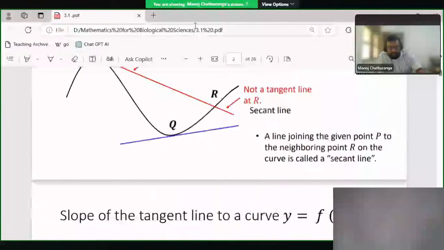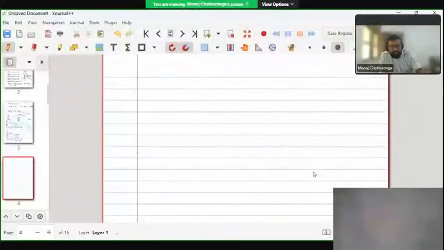Now, with the slope of the tangent line. So let's see.